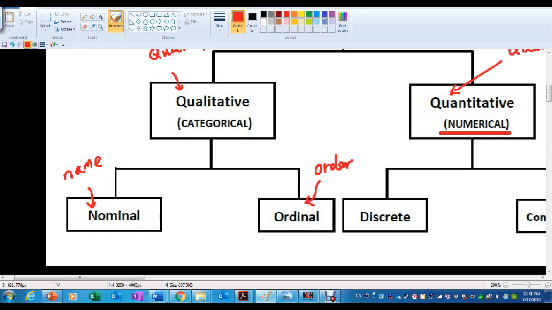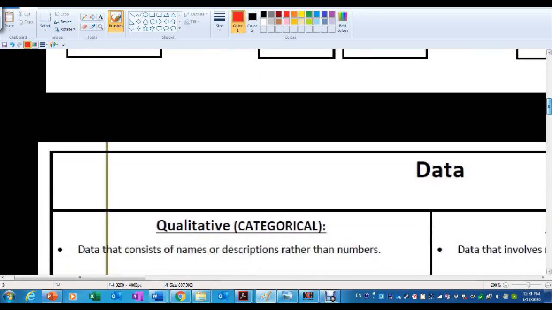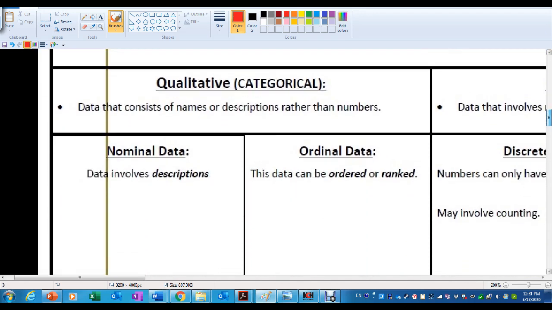So for qualitative data, sometimes we refer to the types or names of things, but sometimes we refer to the order or rank of some description. Let me give you more examples in the other table.